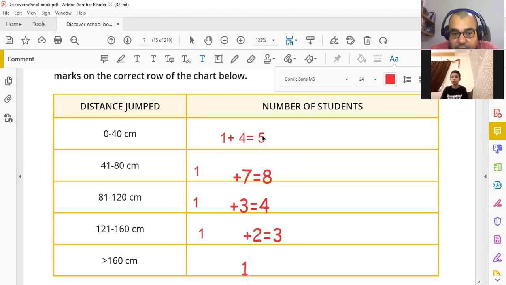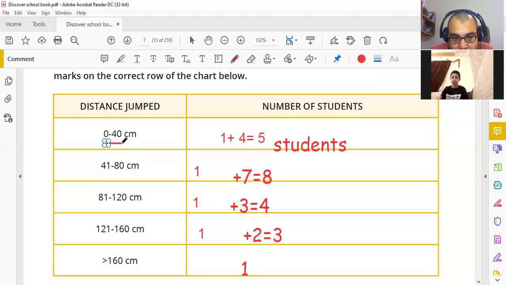Now we have 5 students who can jump 40 centimeters. And we have 8 students who can jump for 80 centimeters. We have only 4 students who can jump for 120 centimeters. We have 3 students who can jump for 160 centimeters.